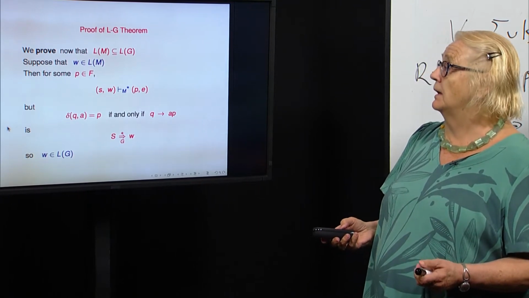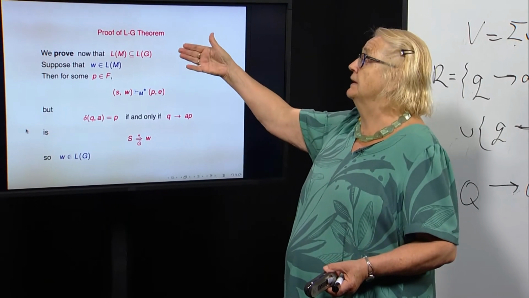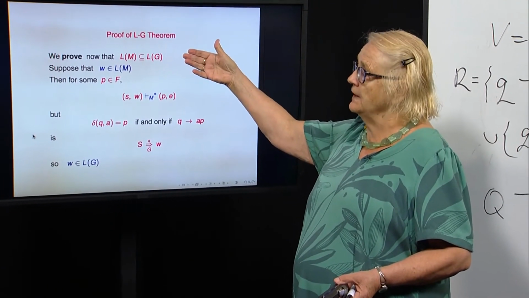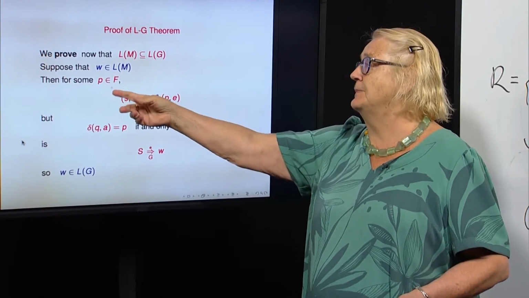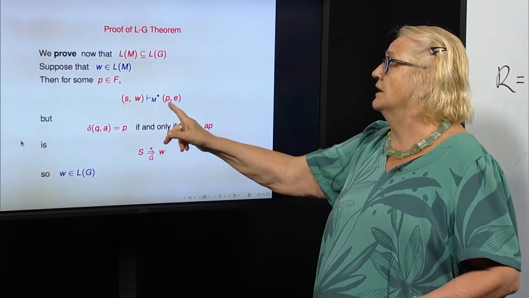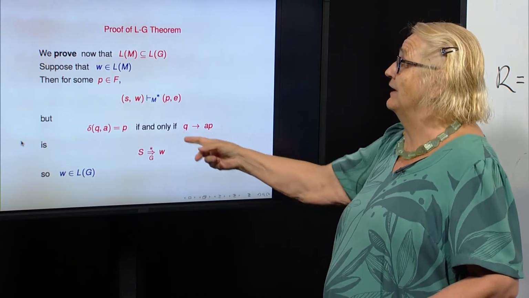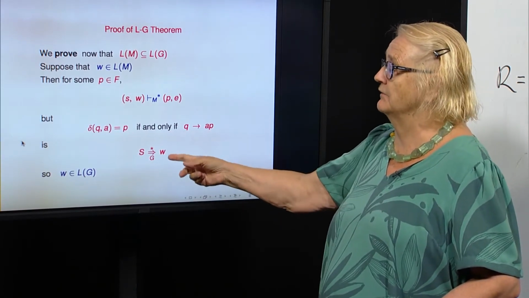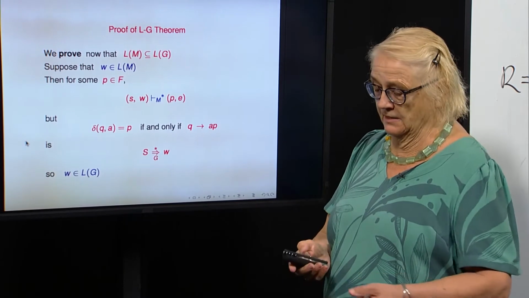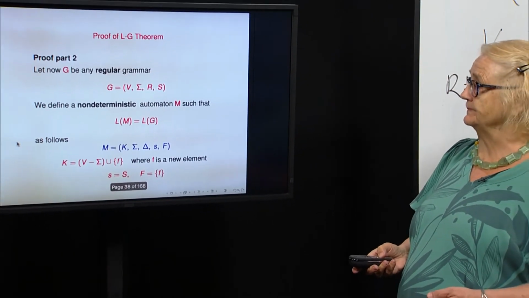Now, of course, the language is included in the language of the grammar, because if for some p in F you have a derivation from S to p, and delta Q A P holds, you have the similar derivation in the grammar, and vice versa.